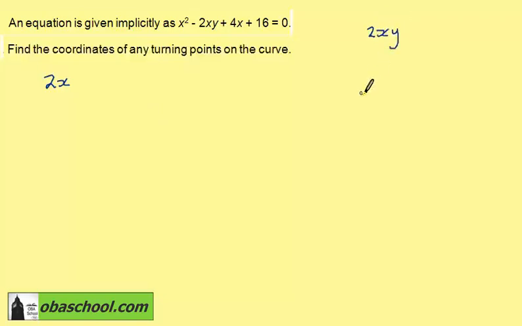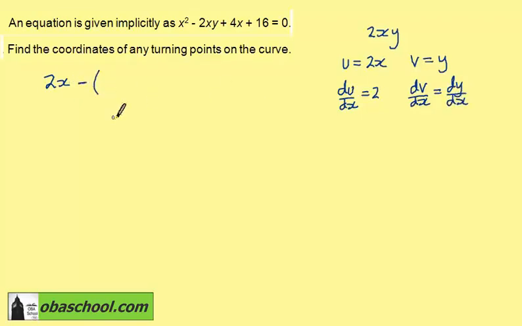2xy is a product, so let u be equal to 2x and v be equal to y. Then du/dx is equal to 2 and dv/dx is equal to dy/dx.